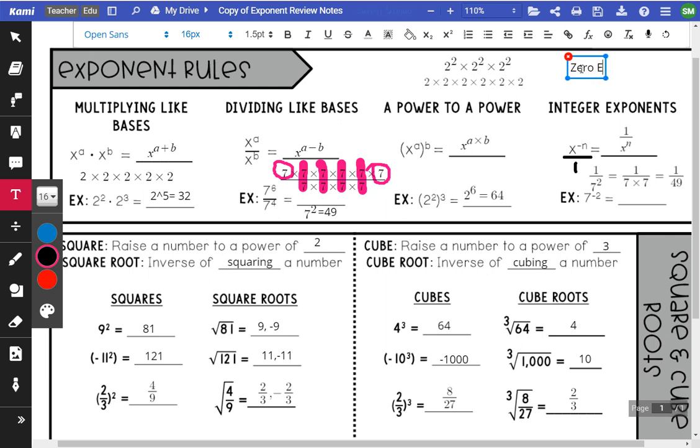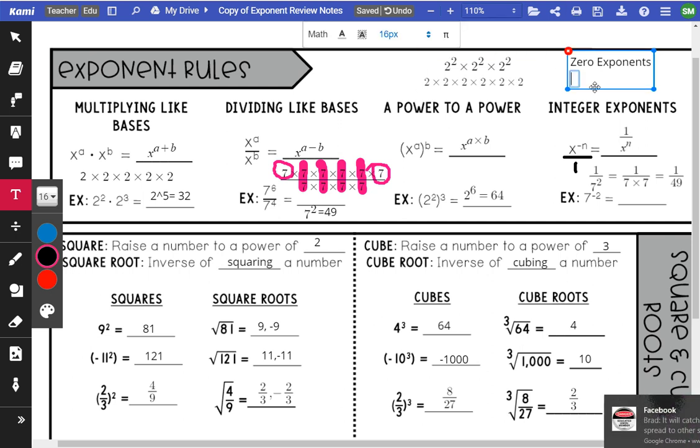0 exponents. When you have an exponent of 0, here's the rule. X to the 0 power, no matter what x is, unless it's 0. But 0 is the only exception. X to the 0 power always equals 1.